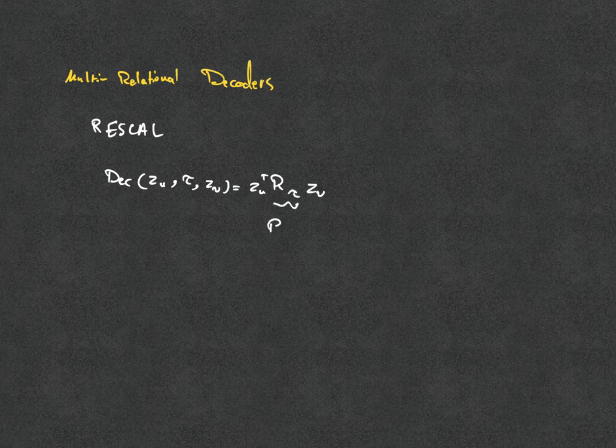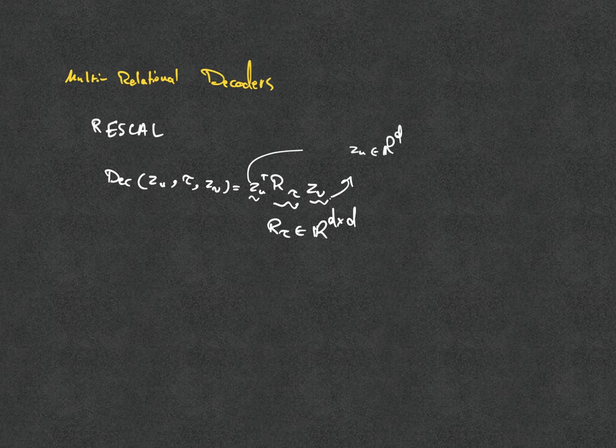And we mentioned that this is a D by D matrix, and we had two D-dimensional representations for nodes U and V.